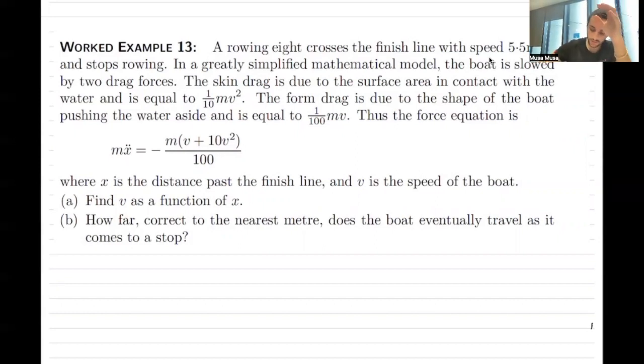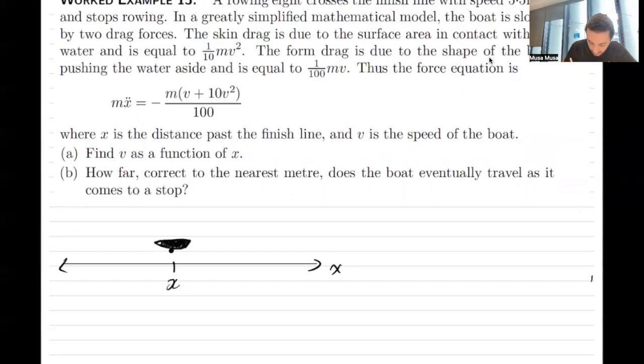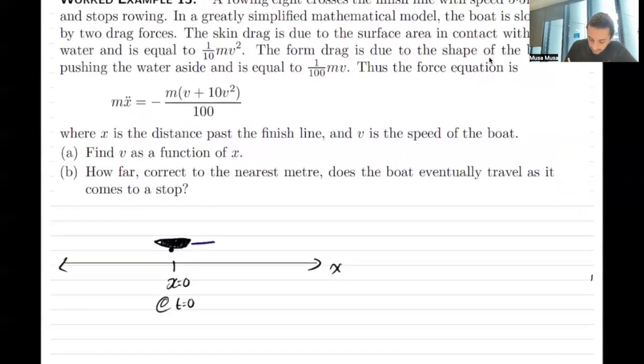Okay, so the idea is that I guess a good diagram is going to help us explain what's going on. We have like the x-axis or the displacement axis, and the boat starts off here, position 0 at t equals 0, and it's got a velocity of 5.5 meters per second.